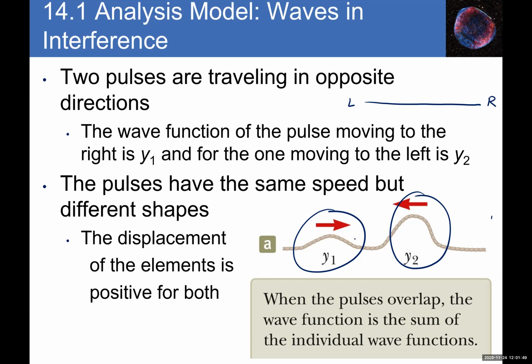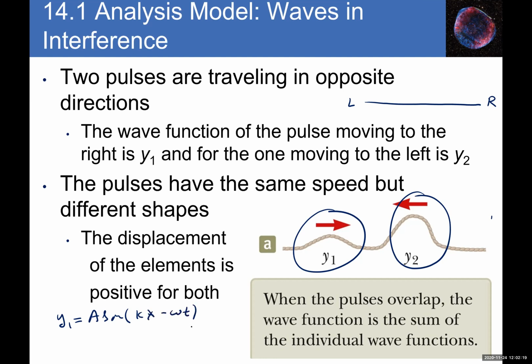One of the things we can do is write the wave function for each one of them. So each one has its own wave function. Let's say y1 is the wave function for wave one, and let's say you started it on the left side, and it has, for example, a sine of kx minus omega t.